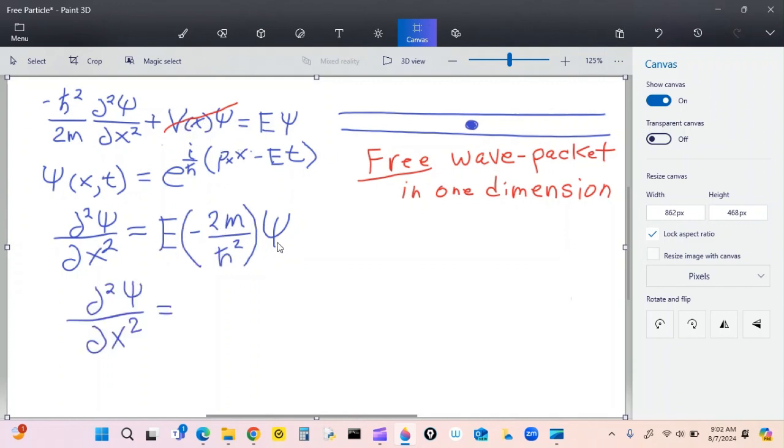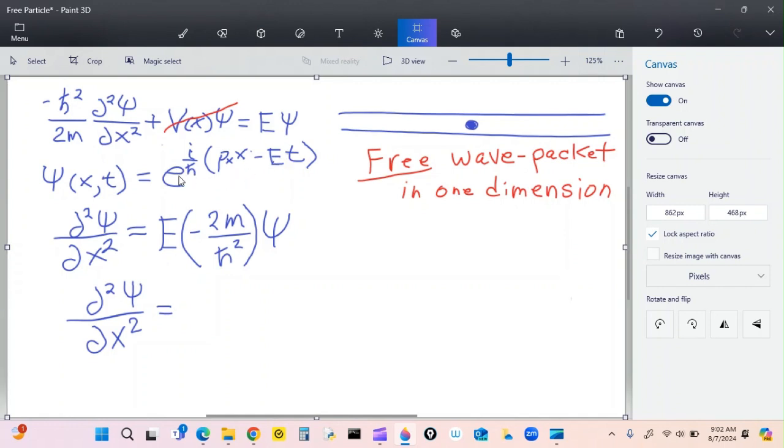Here we are with this relationship. How can we figure out what the energy is, though? What we want to do is find out what the energy is. So let me take the second partial of psi with respect to x, which is, I'm just going to take this equation here and perform that.